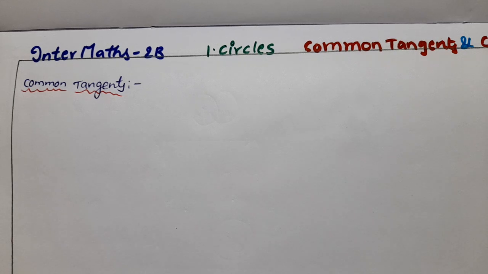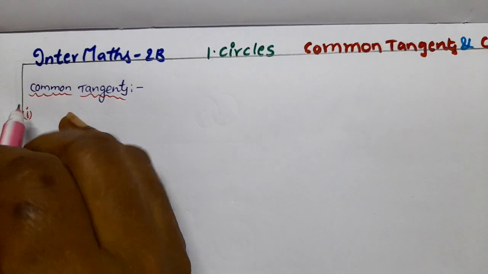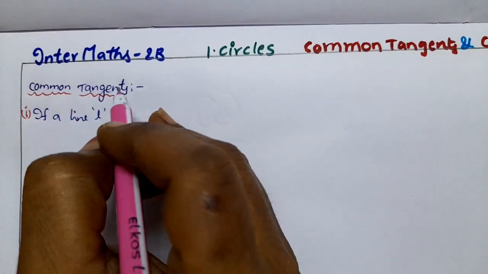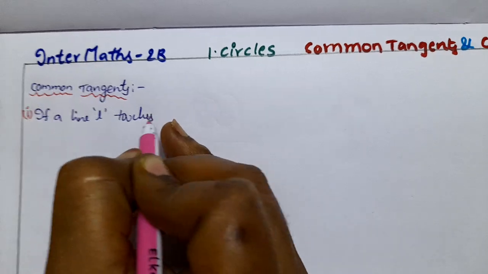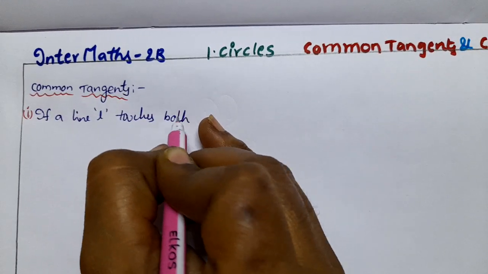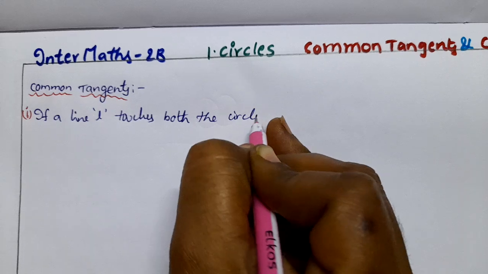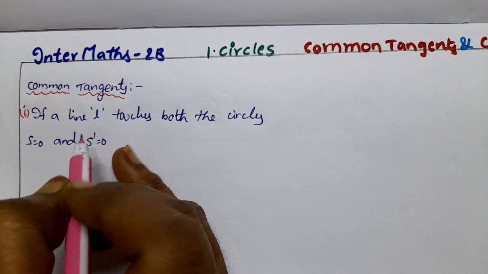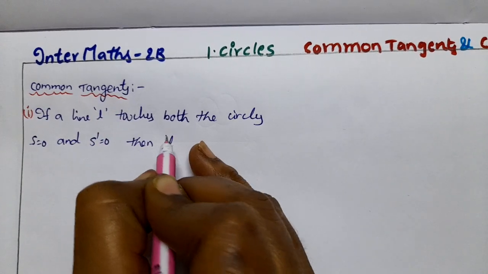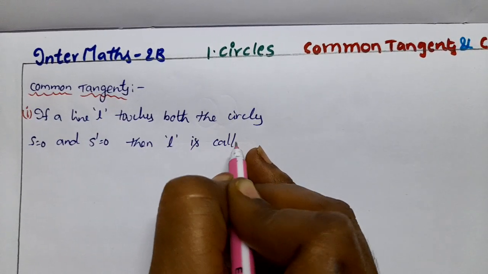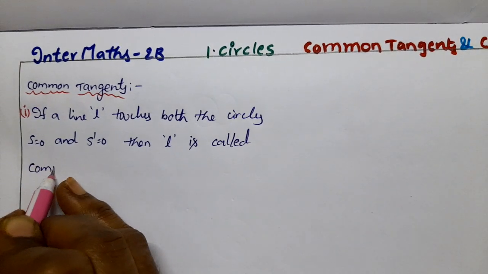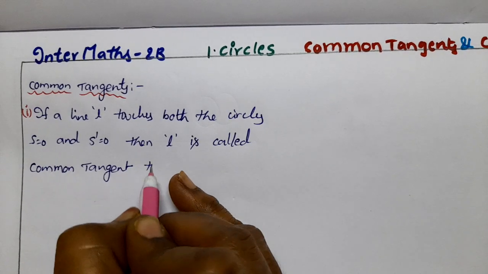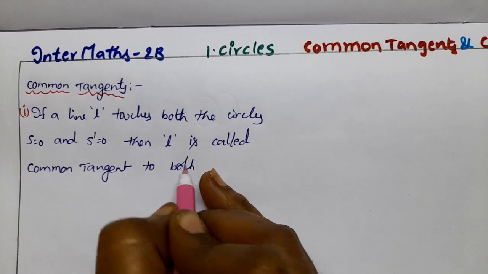Common tangents. First one: if a line L touches both the circles S equal to 0 and S dash equal to 0, then L is called a common tangent to both the circles.